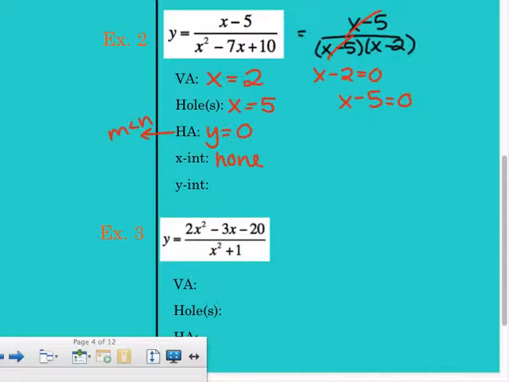For the y-intercept, I plug in 0 for x, so y equals 0 minus 5 over 0 squared minus 7 times 0 plus 10. That's negative 5 over 10, which is negative 1/2. That's the point (0, negative 1/2).